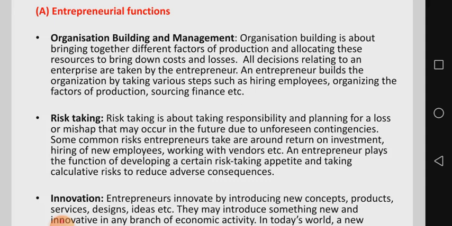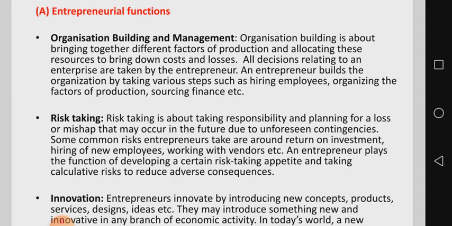So you should do those functions. So the first category in those functions is called entrepreneurial functions, and there are subcategories. The first is organization building and management. Organization building is about bringing together different factors of production and allocating these resources to bring down cost and losses.